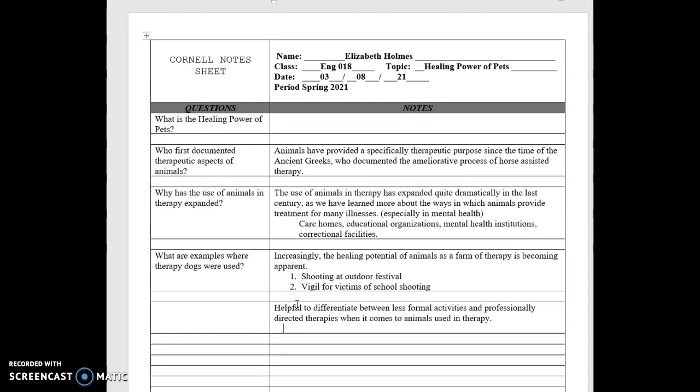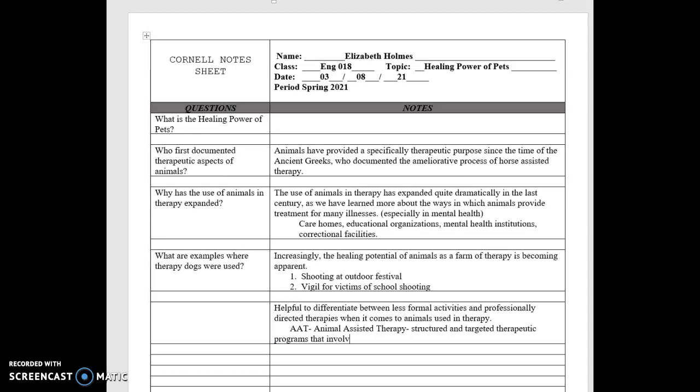So I'm going to then capture AAT, which is animal assisted therapy, which is structured and targeted therapeutic programs that involve trained animals that must meet criteria, right?